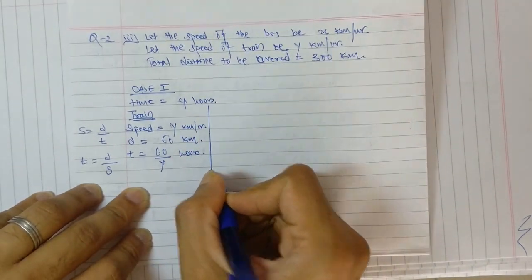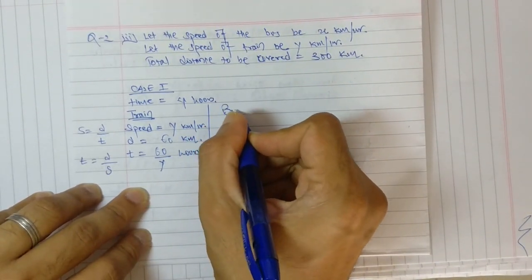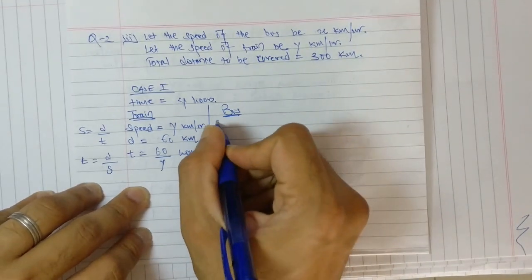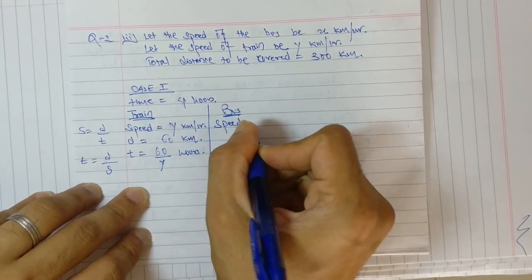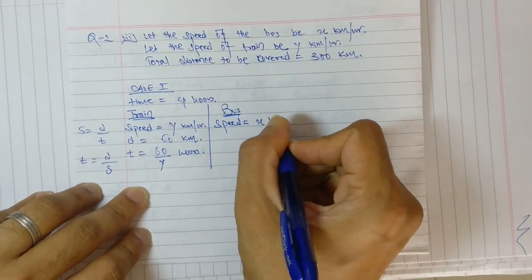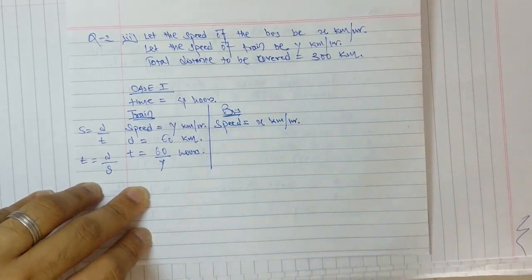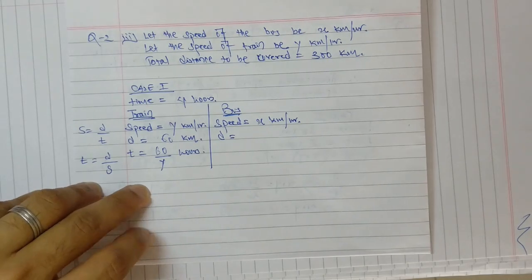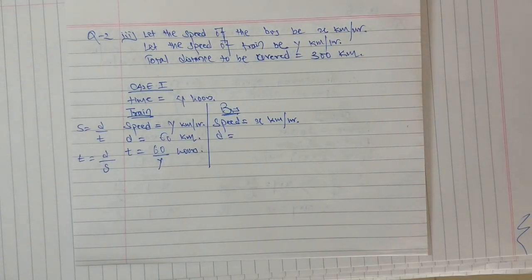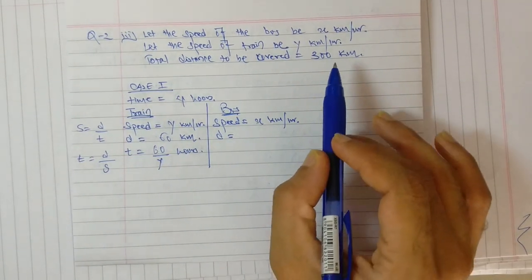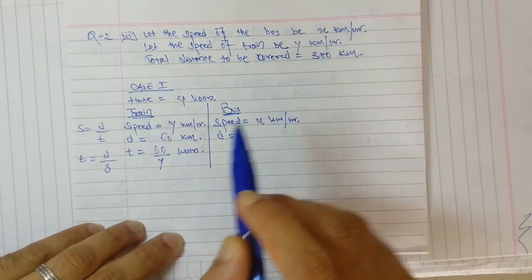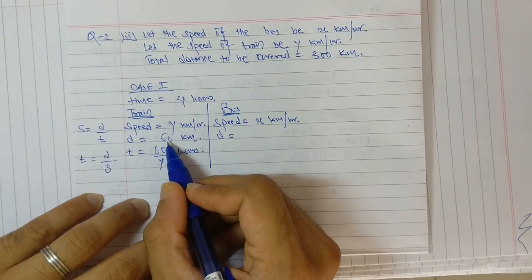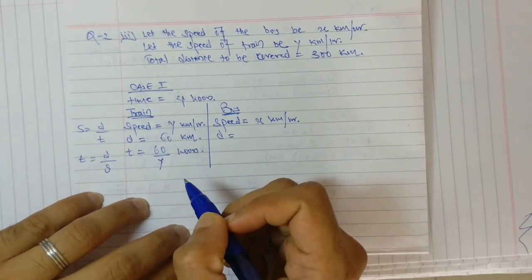This is train. Now I'm going to write bus over here. What is the speed of bus? x km per hour. What is the distance covered in bus? Now they have not told the distance, they have told remaining by bus. Now total distance is 300 km, out of which 60 km has already been covered by train.